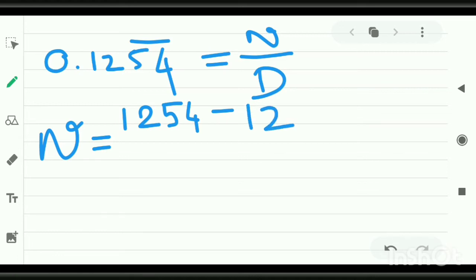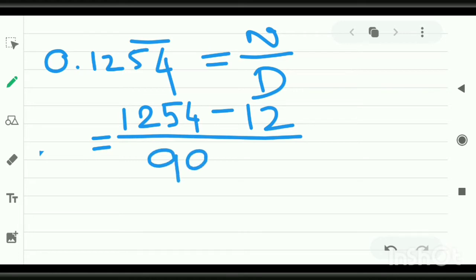Good. Let's form the denominator. The number of 9s equals the number of repeating digits, that is 5 and 4, so 2 digits, and we write two 9s. How many non-repeating digits are present? 2.